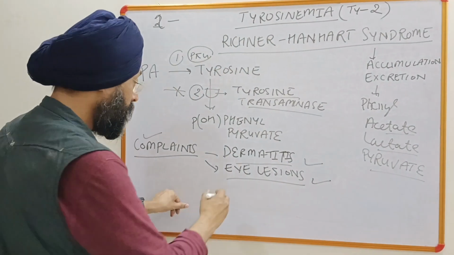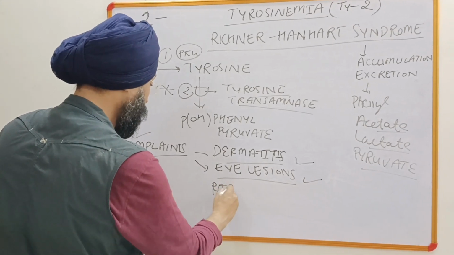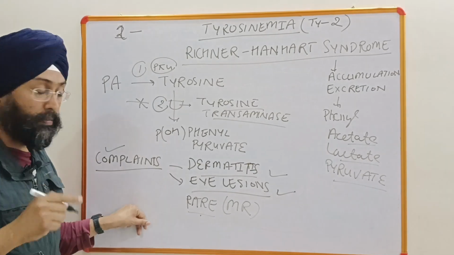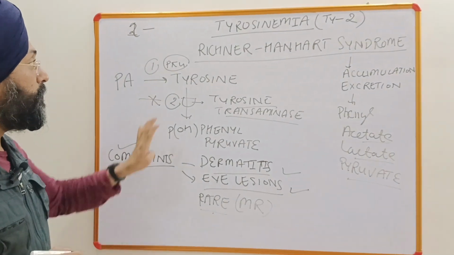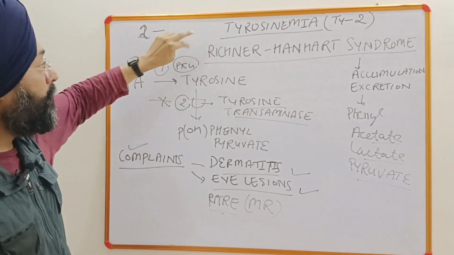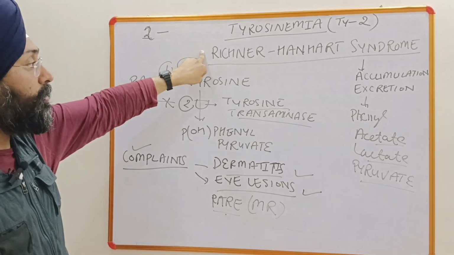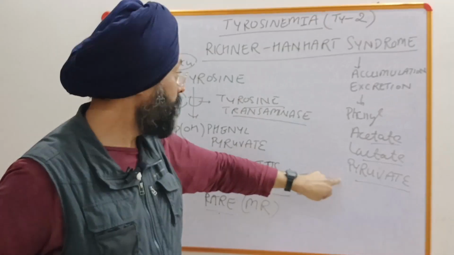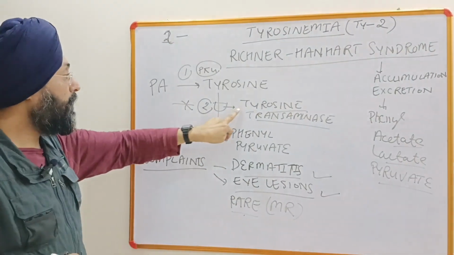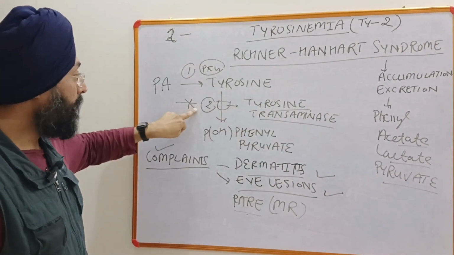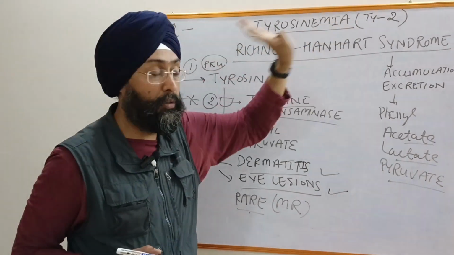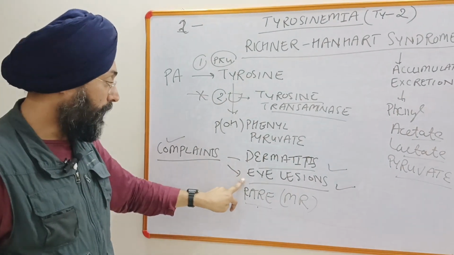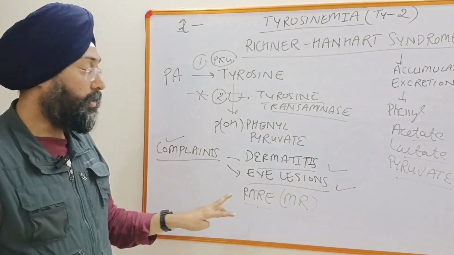But there is rare mental retardation. Rare chances of mental retardation are there, right? So this is tyrosinemia type 2, also known as Richner-Hanhart syndrome. There will be accumulation and excretion of phenyl acetate, lactate, and pyruvate, and the disorder is due to the enzyme tyrosine transaminase. The second step is there, so tyrosinemia type 2 is there, and key complaints are dermatitis, eye lesions, and rare mental retardation, right?